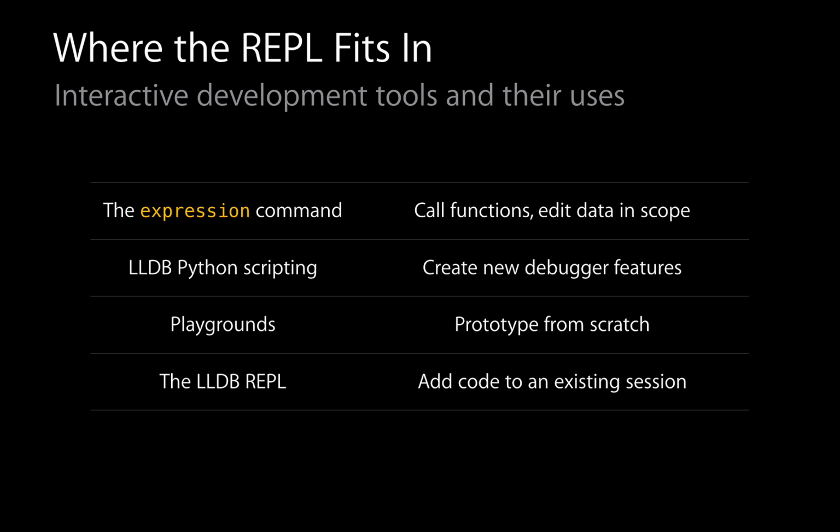I'm not going to tell you too much about that in this session, but it's a great way to create new debugger features and automate your debugging processes. This year, we've added playgrounds, which allow you to prototype entire new algorithms from scratch and learn APIs. And we've also added the lldb repl. Now, what's the difference between the lldb repl and playgrounds?